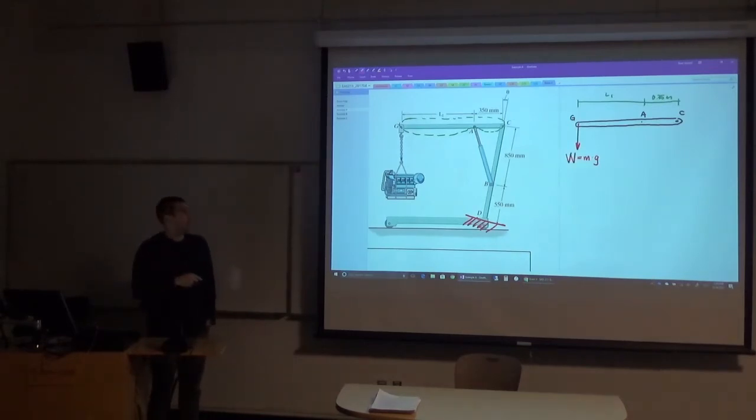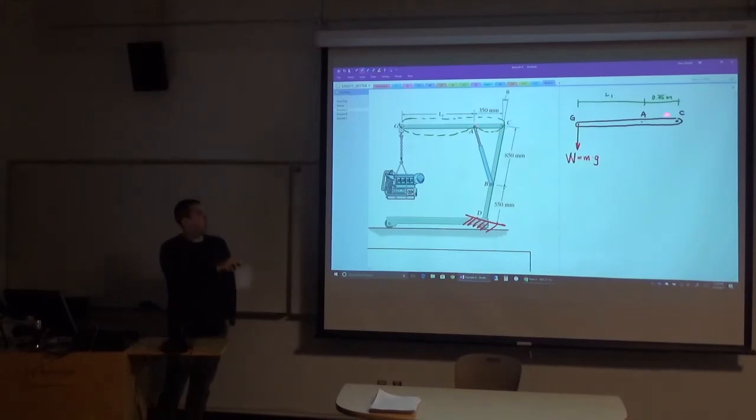All right, so the same kind of thing happens at point A because I've got a pin connecting this member AB to beam GAC, and so this is a pin right here at A. So do I draw a vertical force and a horizontal force? Or how about this: how many unknowns do I have in terms of forces framing in at A?